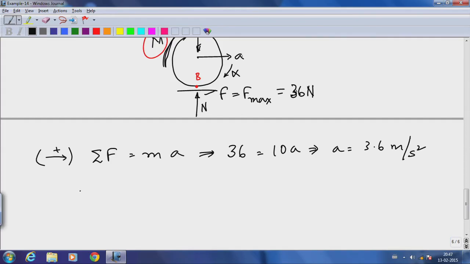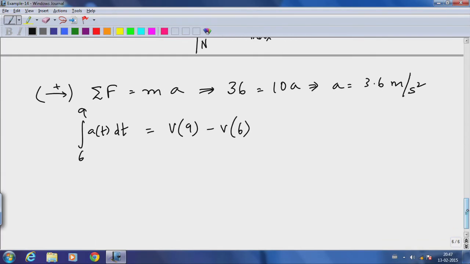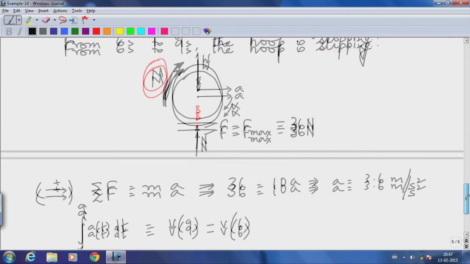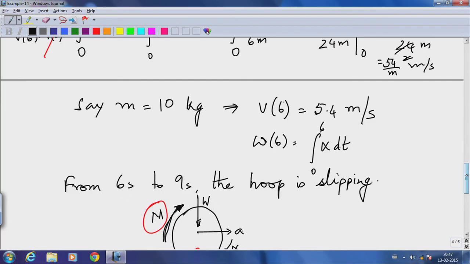Now, we do know that if I integrate this acceleration, although this is not time varying, I am going to generalize this equation and say, if I perform an integration of this acceleration from time duration 6 seconds to 9 seconds, that gives me the total change in the velocity between the final instant 9 seconds and the instant 6 seconds. We already know the velocity at 6 seconds.